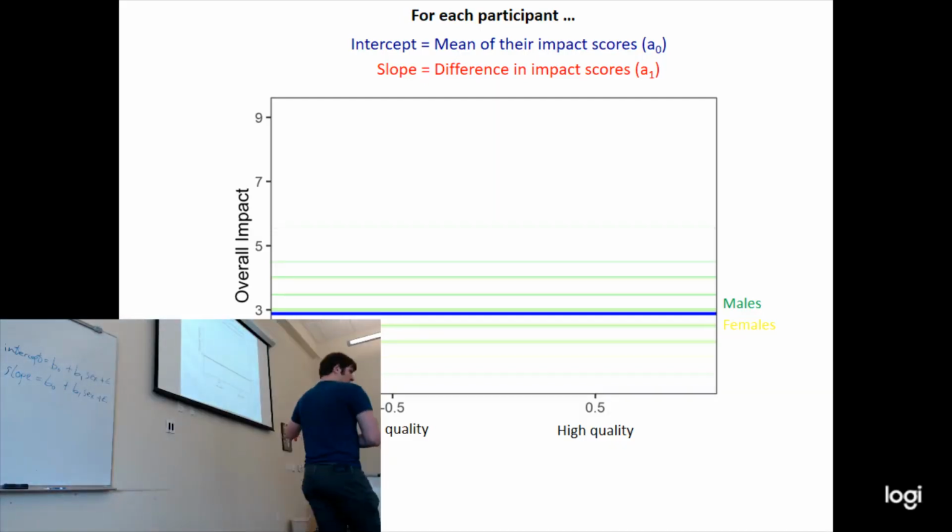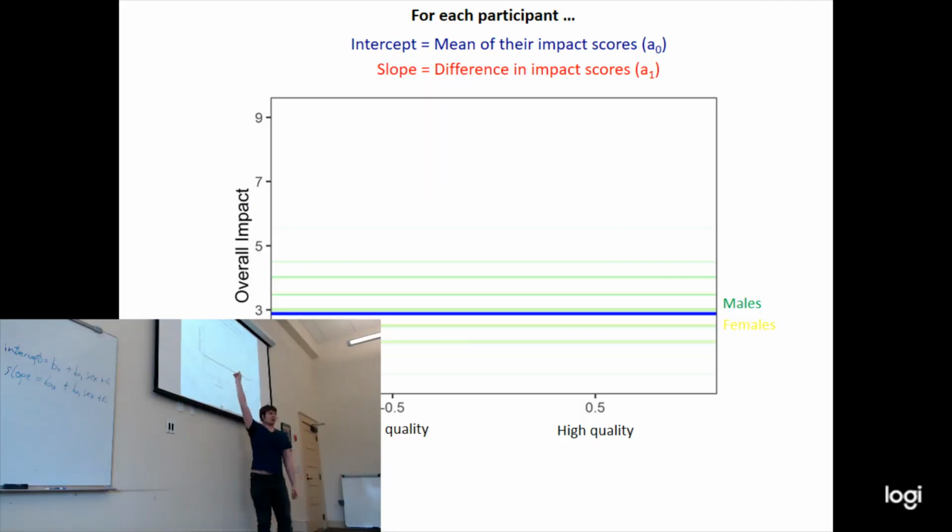But some of these reviewers are men, and some of these reviewers are women. So just like when I first talked about adding information to these graphs, you can color code the information points one color versus another to add that extra information. Well, I can do that with the reviewer intercepts. It's a little hard to see here, but you might see that the intercepts down here tend to be yellow, whereas the intercepts further up tend to be green.